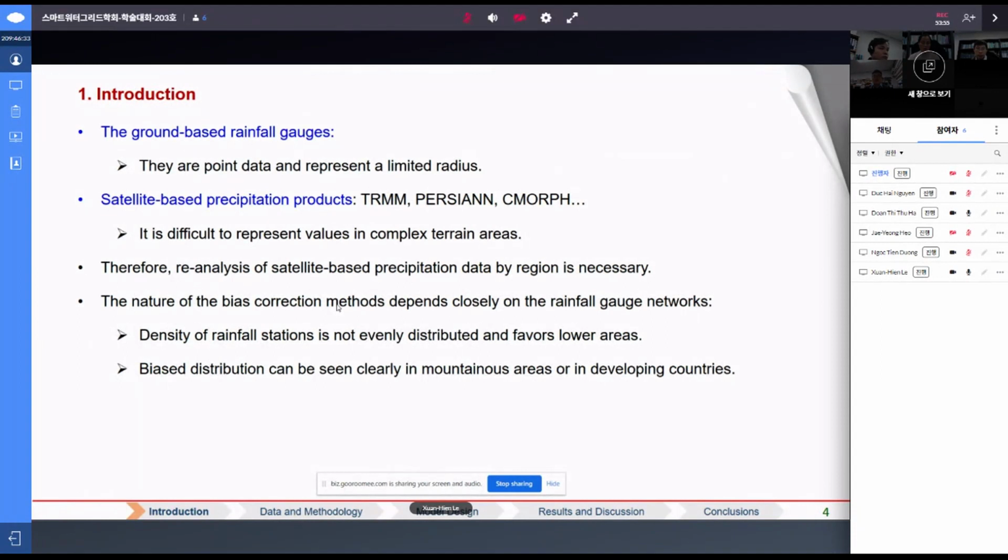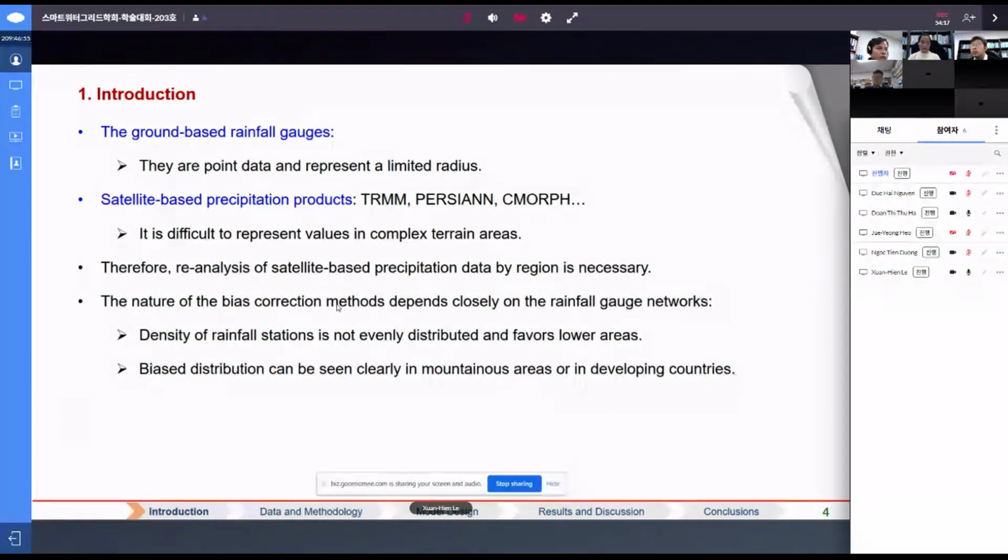And for satellite products, for example, GPM or PERSIANN, it is difficult to represent values in complex terrain areas. That is the reason we need to reanalyze satellite-based precipitation data by region.